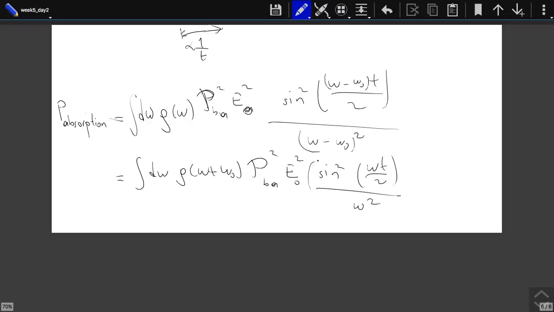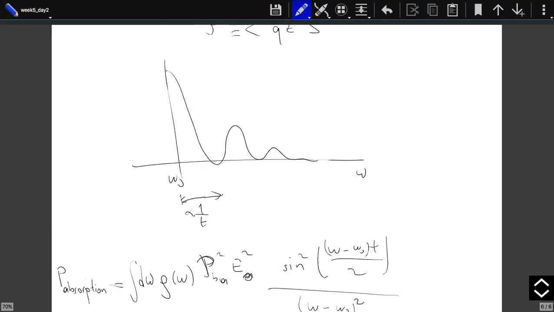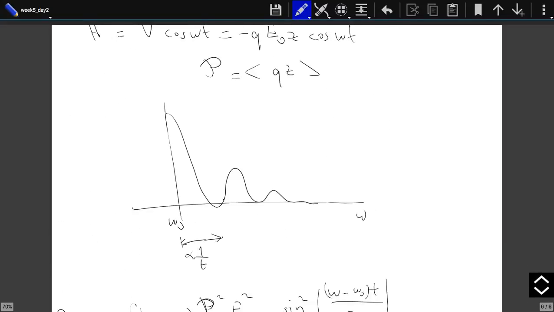Now we said that this function, if t is large enough, as a function of omega, is a very peaked function at omega equal to 0. Do you agree? If t is large enough, the first 0 will come very close to omega 0. So it is very peaked, only close to omega equal to omega 0, and it's very small in other places.